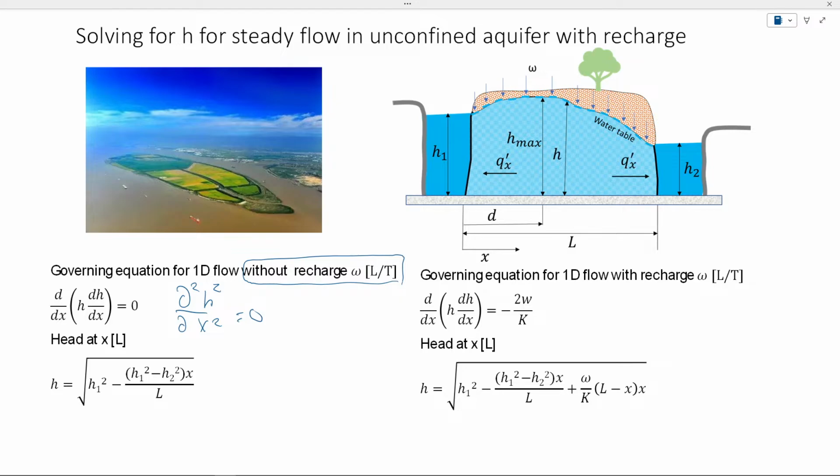That could be two rivers with an aquifer in between, or an island with two rivers, or the ocean, or whatever. So that's this example. And basically I can know the head like this. If I solve it, the analytical solution for this is here, and I will show you in a minute how to solve it to get this analytical solution.